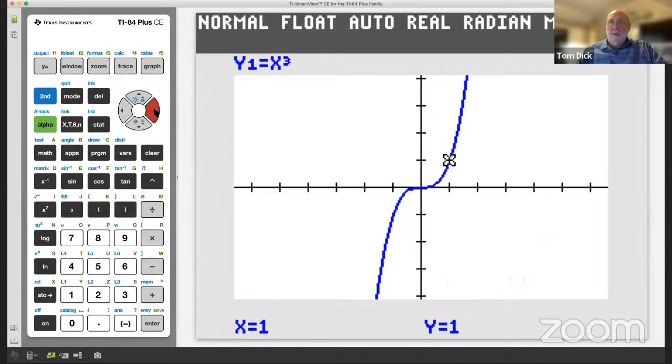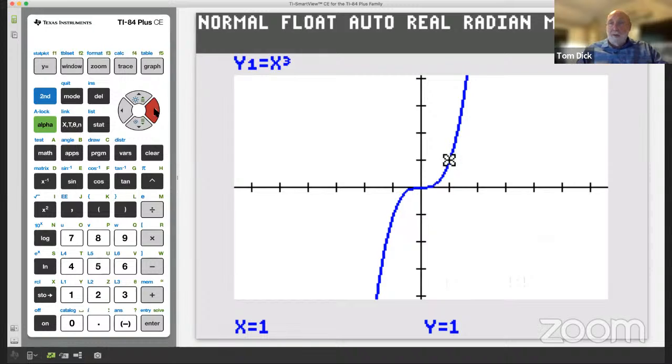What we're doing is we're looking at the difference in the y values for the function over the difference in the x values for 2 points that are close together. So let's suppose I was wanting to approximate the slope of the tangent line right here at this point. So this is the point 1, 1 on the graph of y equals x cubed.